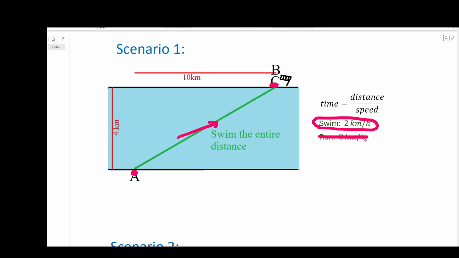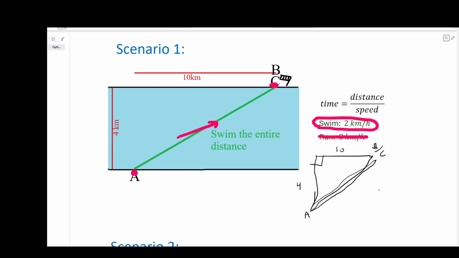And so we can calculate that distance because what we have is a right-angled triangle. Pretend that's a right-angled triangle where we know that this is 10 and this is 4. So this is A, and then we put B and C right there. So they're not going to go straight across. They're going to swim this way.